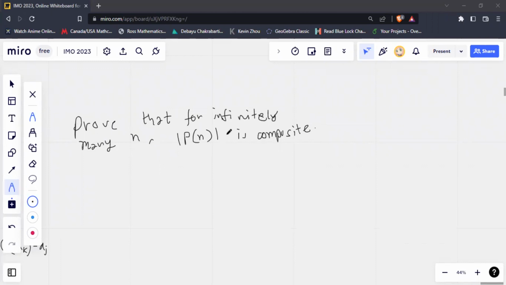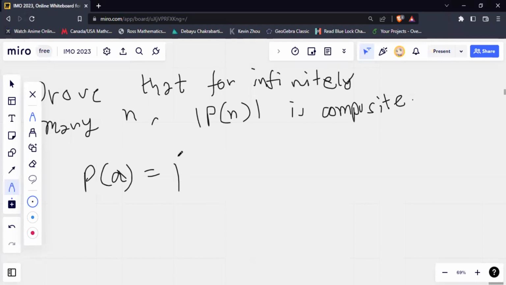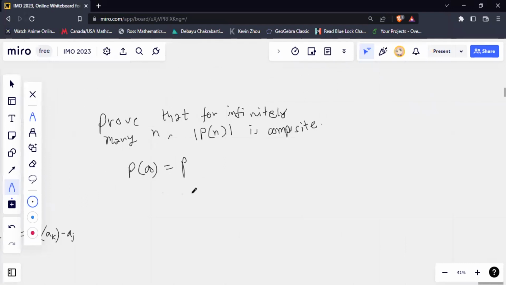So in this, assume contradiction. Then there must be some A such that P of A is equal to p, where p is a prime.